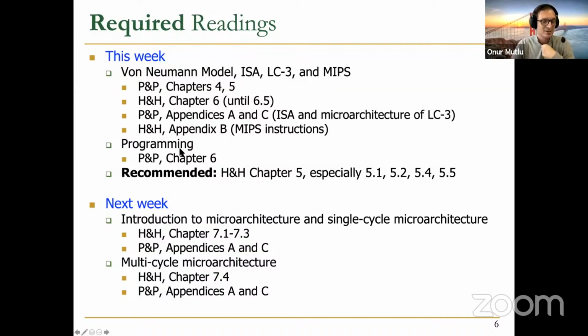And then programming is going to be covered as well. And next week, you can see the microarchitecture readings. Again, these are all recommended readings. If you do them, I think you will learn a lot. And the books cover some things that I don't cover. I cover some things that the books don't cover. So there's some overlap between the things. But in the end, what you learn out of the lecture, if you learn the lecture perfectly, then that's great.